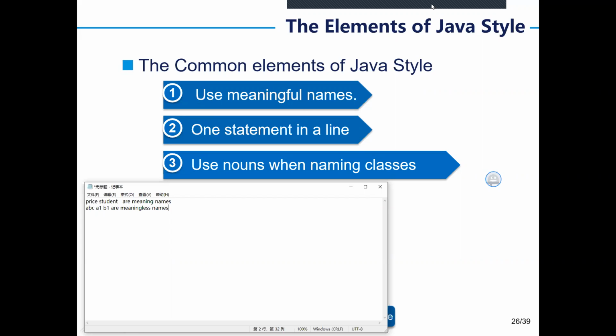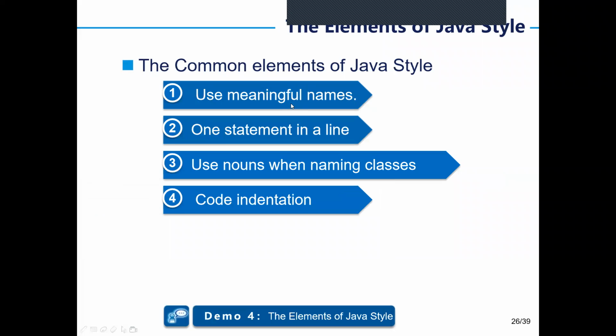Second, one statement per line. We can write multiple statements in a line, but remember, this is a bad habit. Third, use nouns as class names, such as teacher, student, and so on. Fourth, a new Java programmer should master the concept of code indentation.